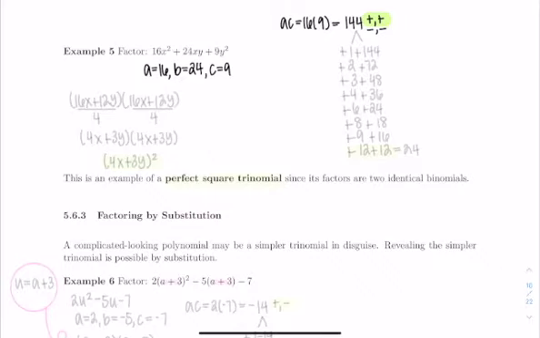We have to write down all the factors of 144. So that's 1 and 144. That's 2 and 72. That's 3 and 48. That's 4 and 36. Six and 24.